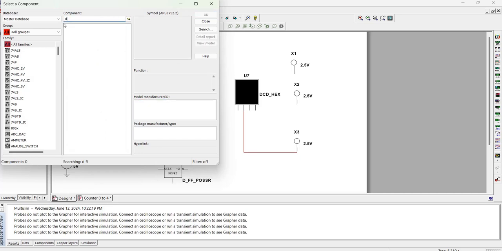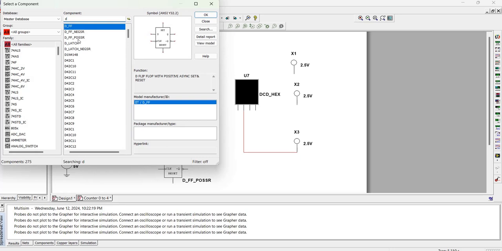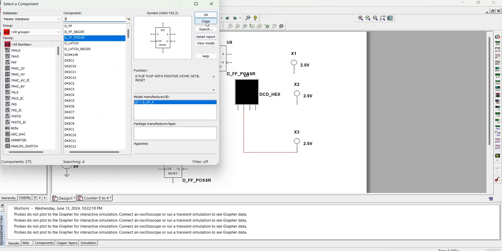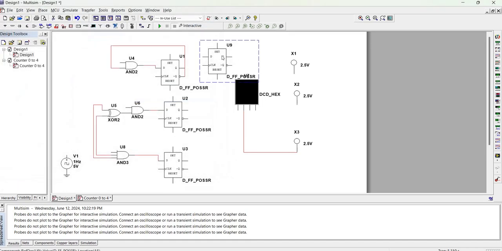I need a D flip-flop, the one which has a positive clock. If I wanted the one with a negative clock, I would take the other one, but let me take this. I click and it will come. Obviously, I already have it, so I'll just delete that.